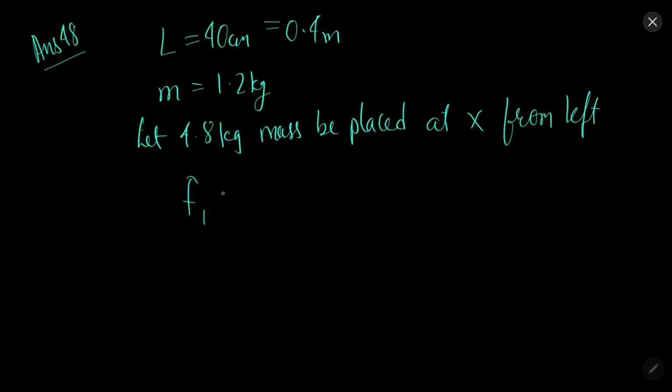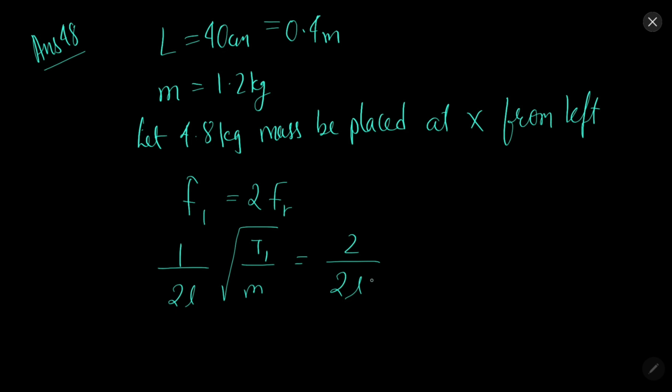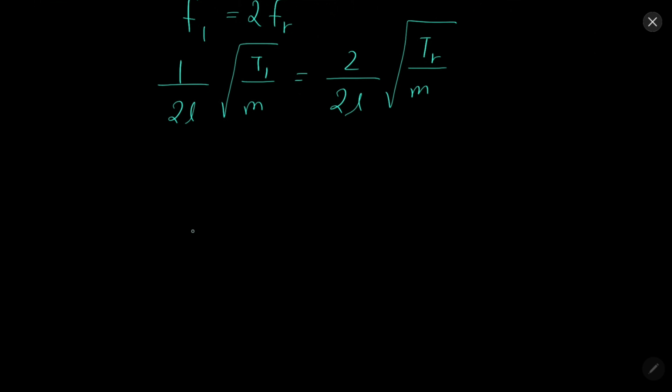So F1 equals 2F from the right side, so 1 over 2L root T1 over M, 2 over 2L root TR over M. So root T1 over TR will be equal to 2, T1 over TR will be equal to 4.